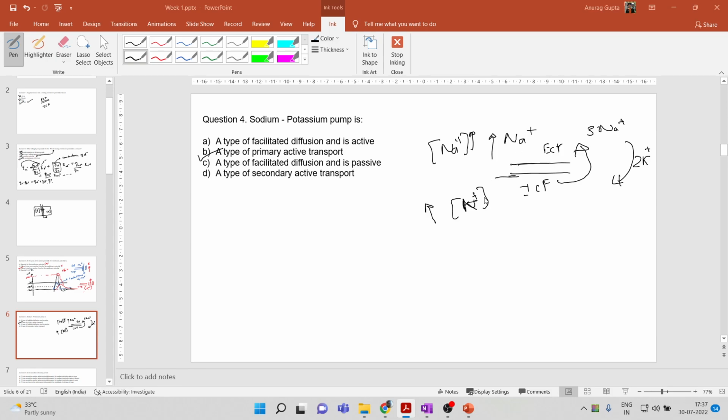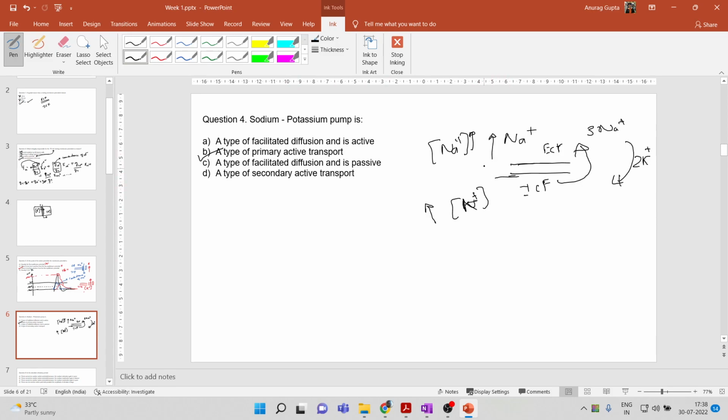membrane of sodium as well as K plus, because there are leaky potassium channels. Okay, and there are potassium ions that are leaking into the ECF. So we already know that the concentration of K plus is high inside and low outside.